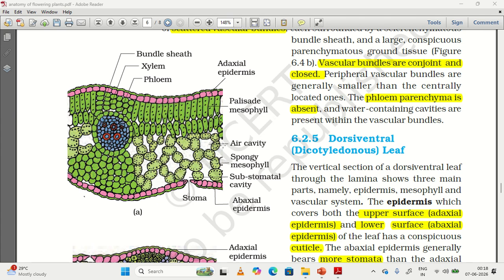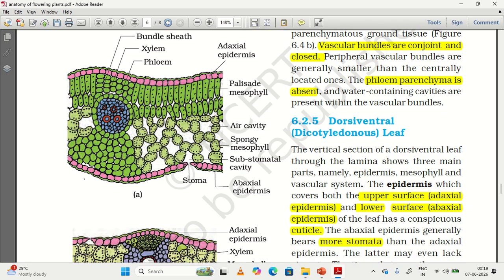It also has air cavities and the vascular bundles, with xylem and phloem. Surrounding these vascular bundles is a sheath which we call the bundle sheath, since it encircles the vascular bundles. So this is about the structure of the dicot leaf.